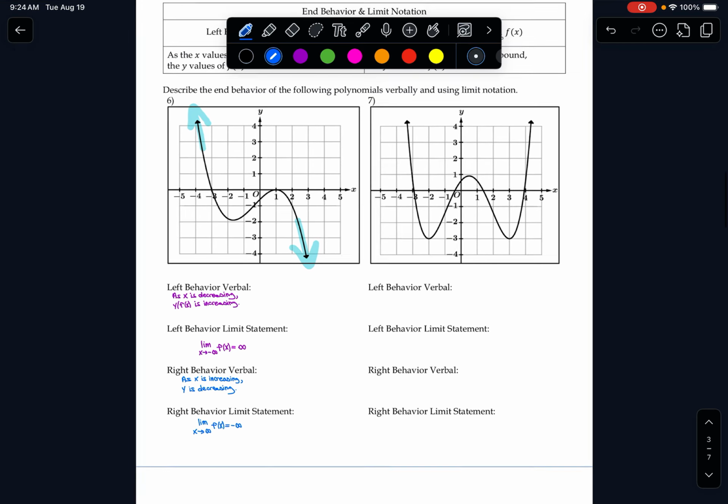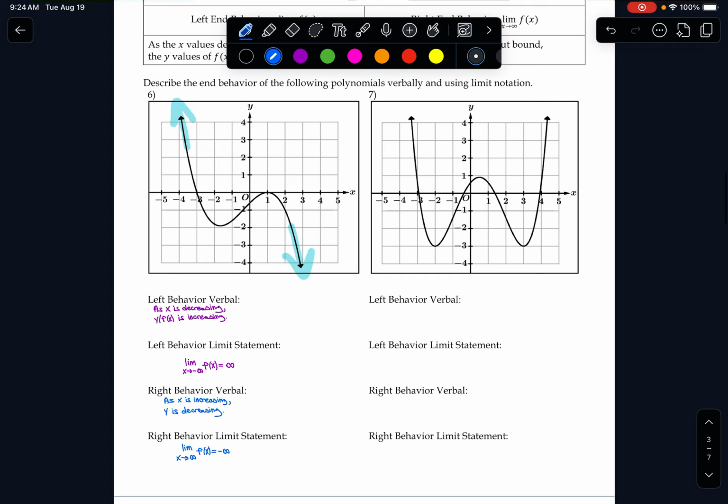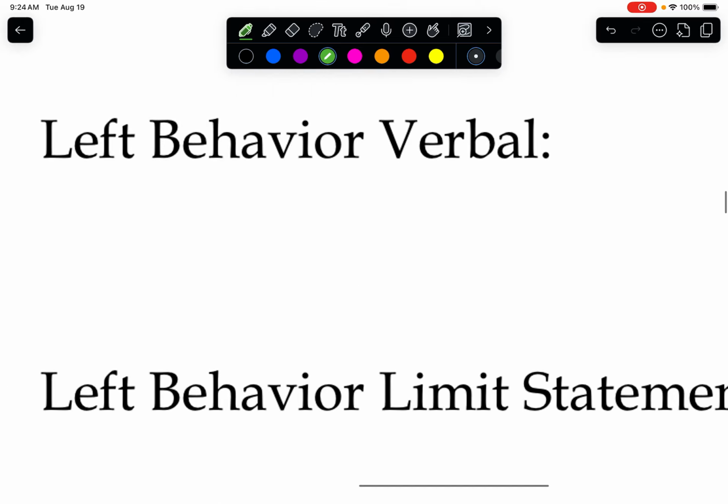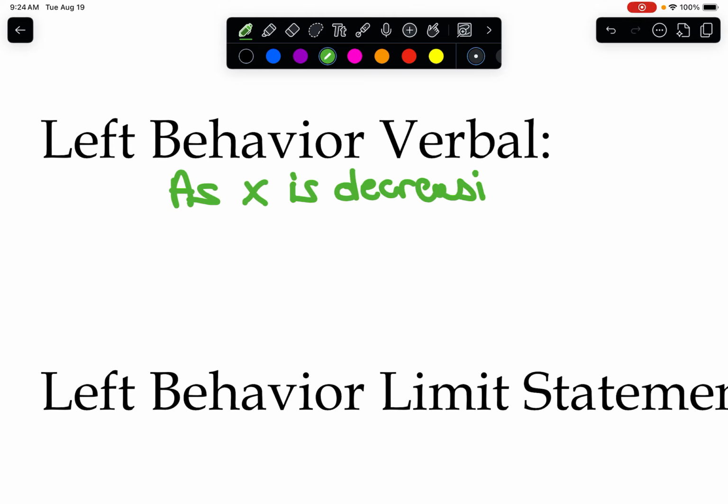With this, I would invite you to pause here and try number 7. Looking at my graph here, I can see my graph is going up on both sides. For my left behavior, I would say as x is decreasing, y is increasing.